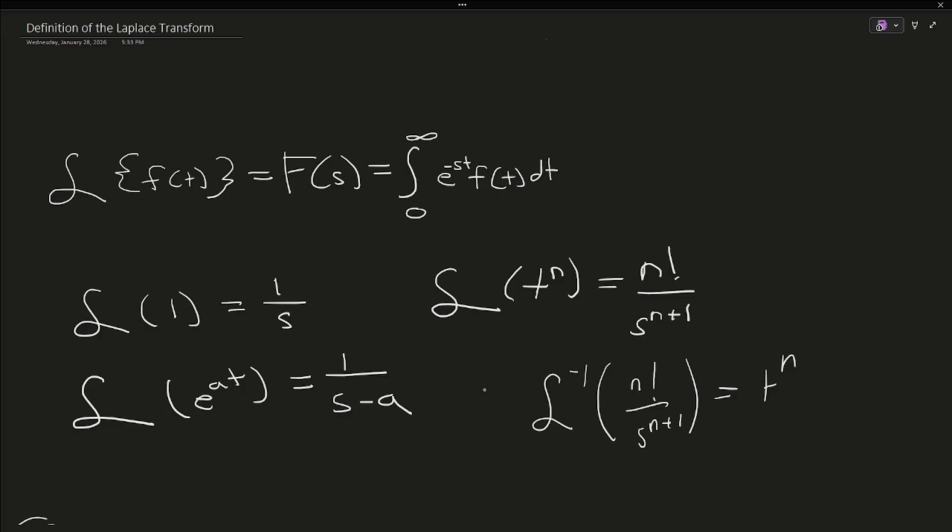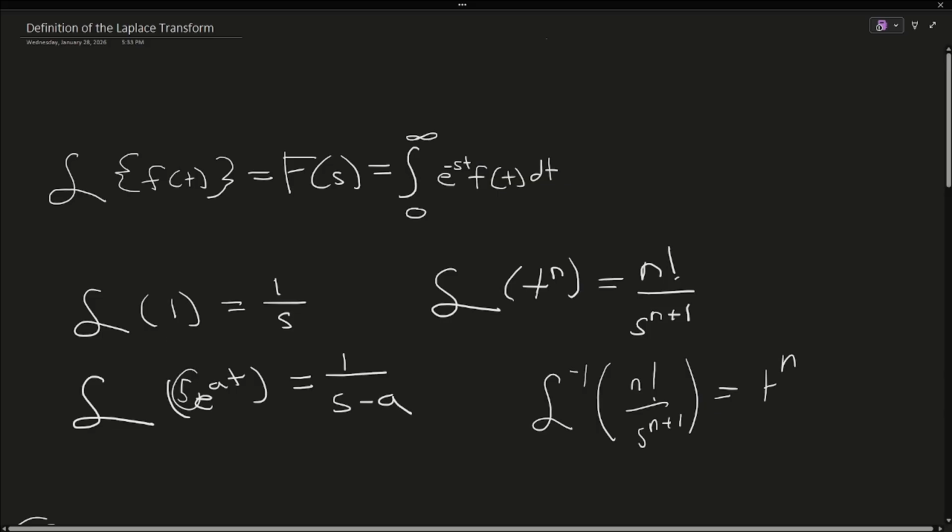So some of the basic Laplaces we should know is Laplace of 1 or any kind of constant. We will have 1 over s. If you have a constant, let's say it's just 5, you will multiply with 5. So guys, when you have a constant inside Laplace, you can just take this constant out and put it outside of Laplace. So that's really useful, because at the end of the day, this is an integral, guys.